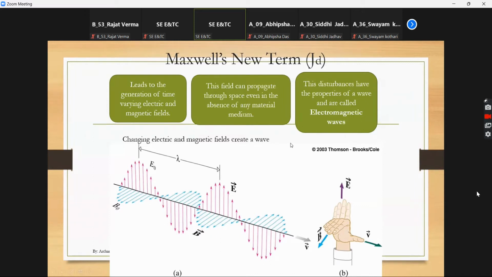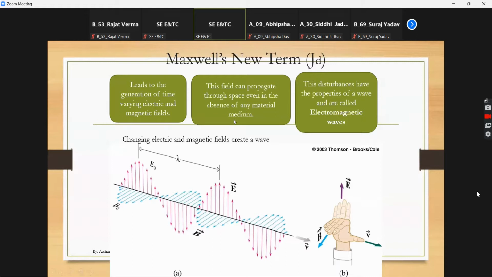The rate of change of electric field is the source that gives you the magnetic field, which is also time varying. So if you have a changing electric field, a changing magnetic field can be created, even if the material does not have charges. That is the contribution of Maxwell.